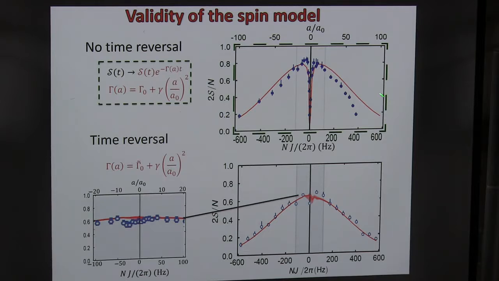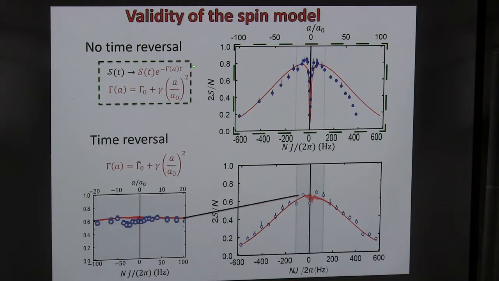Yes, there might be some systematic effects that are different between these two. Overall, you can see here the two are not agreeing very well, but here it agrees very well.